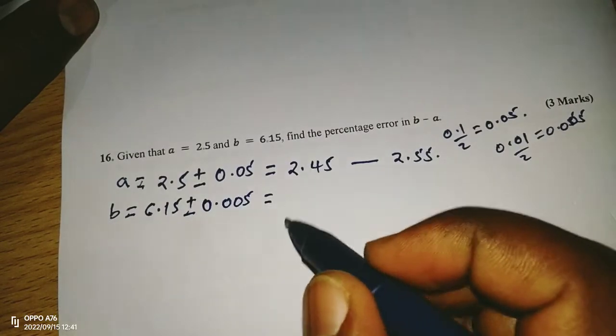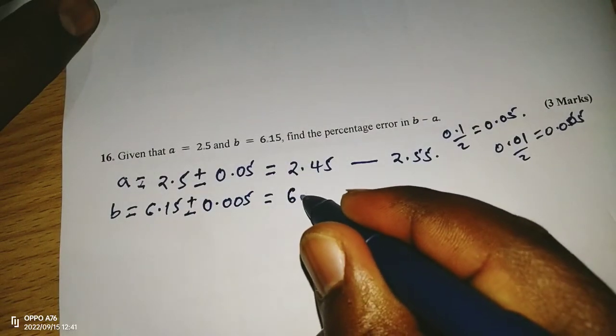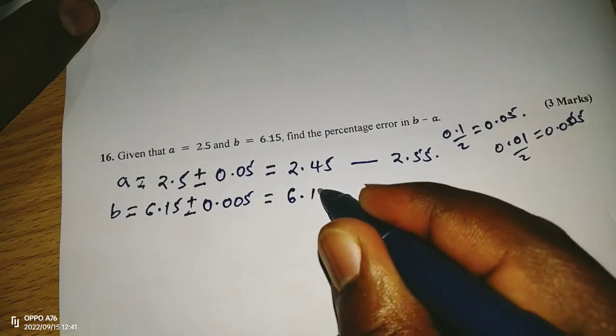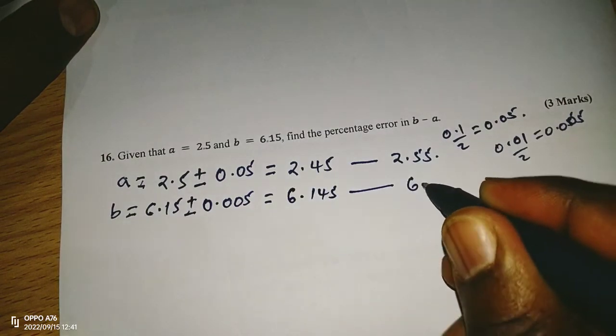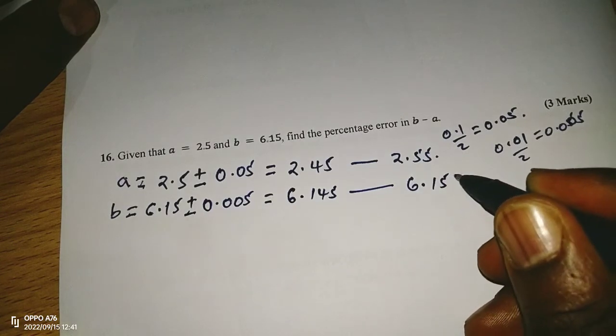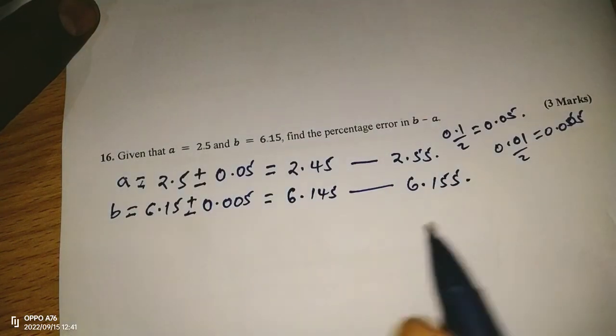This is going to land at 6.145 up to 6.155 as the upper limit of B.